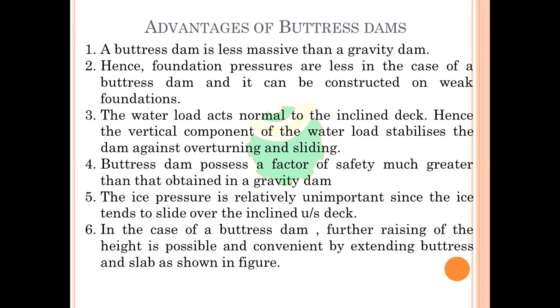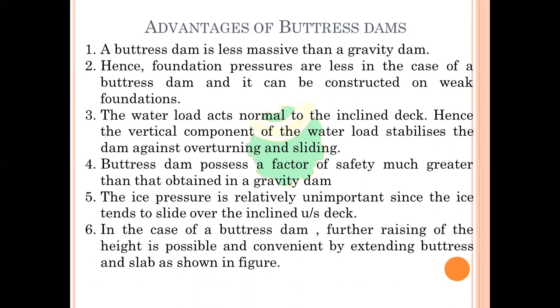The water load acts normal to the inclined deck. Hence, the vertical component of the water load stabilizes the dam against overturning and sliding. Buttress dams possess a factor of safety much greater than that obtained in a gravity dam.